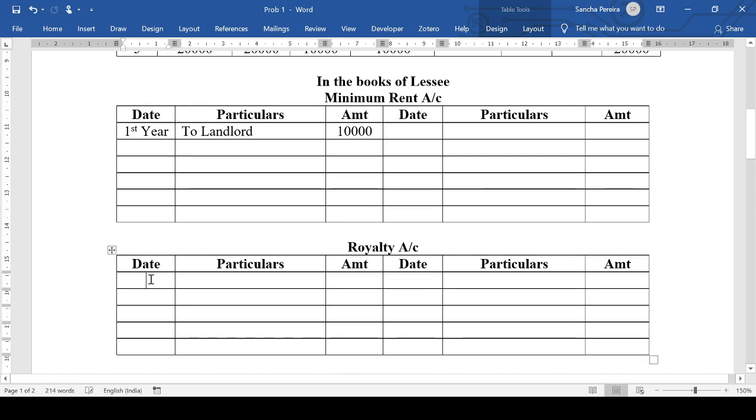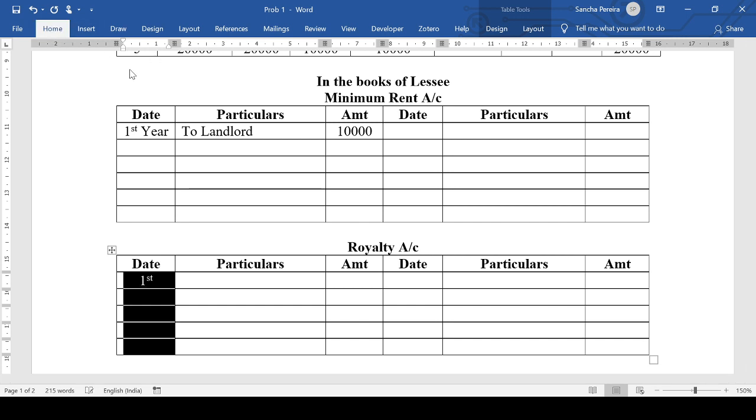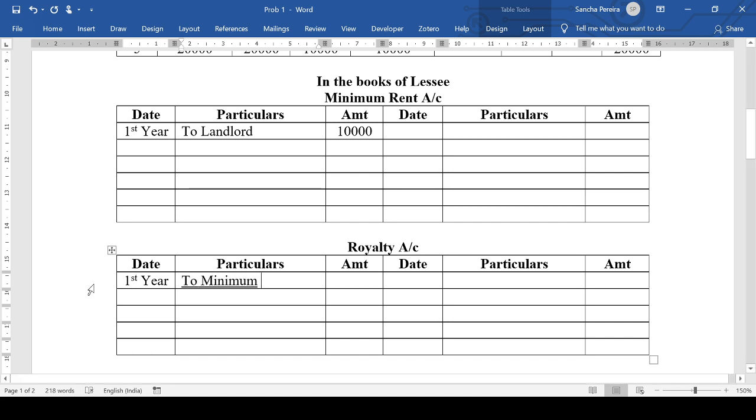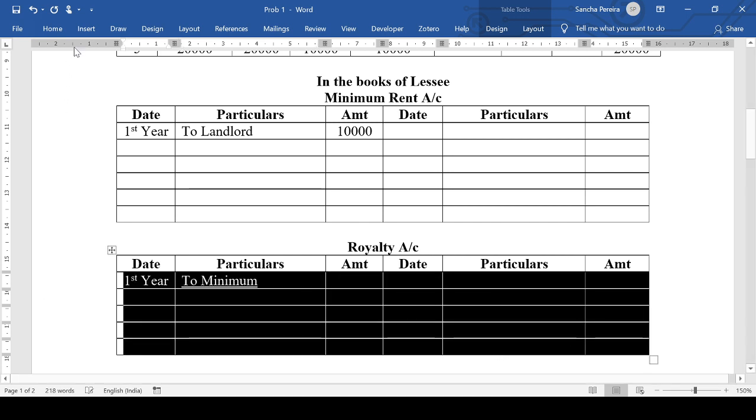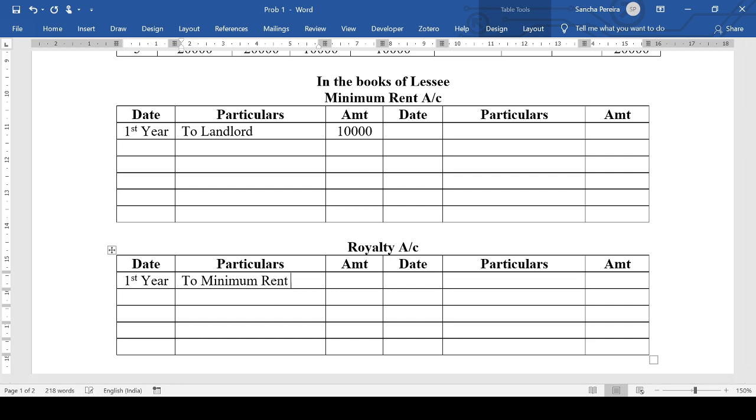Sorry, to minimum rent, royalty account first year. Royalty account debit to minimum rent.